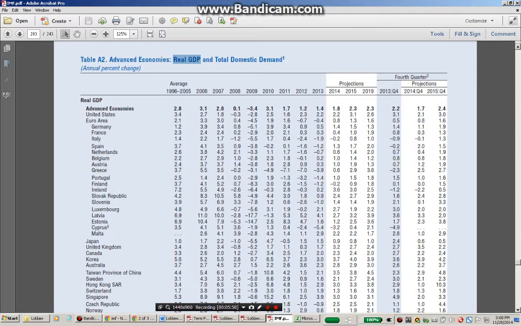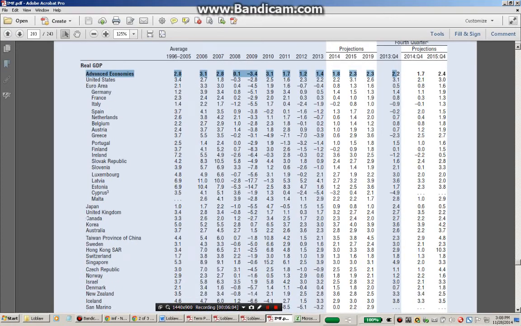So this is just Canada, but you have all the advanced economies, Euro, US, whatnot, but we're just doing Canada. And so they've got up till 2019 a 2% projection.